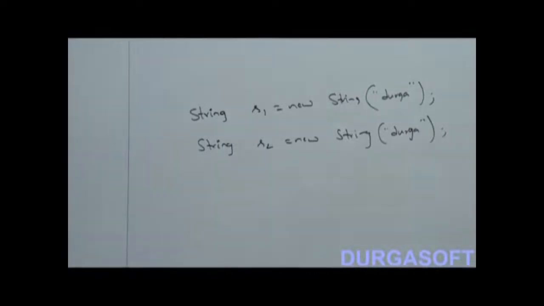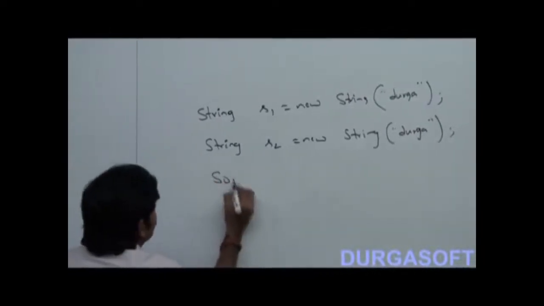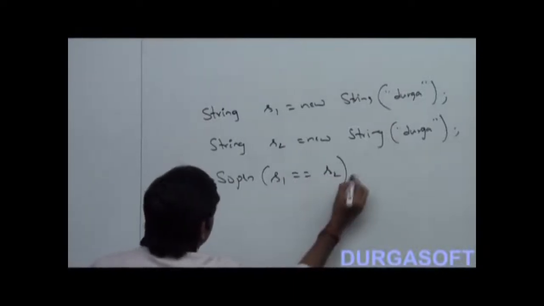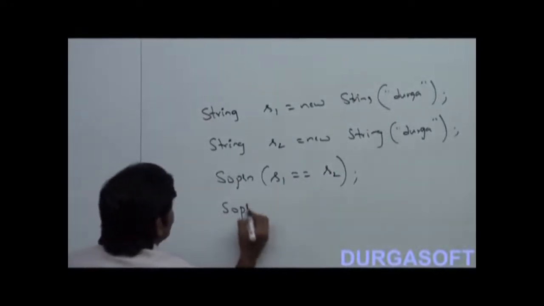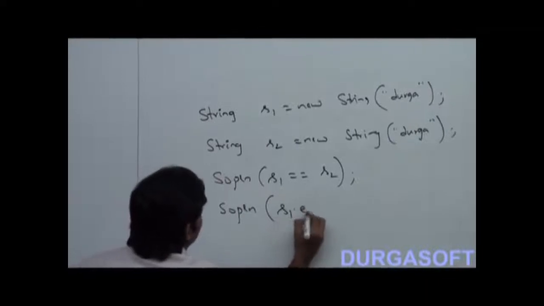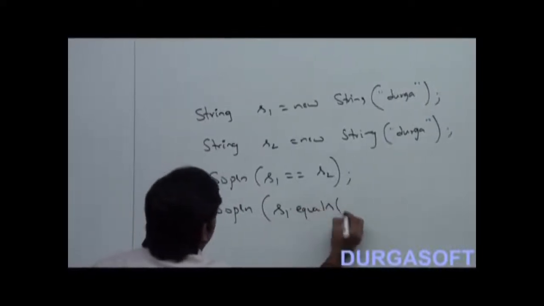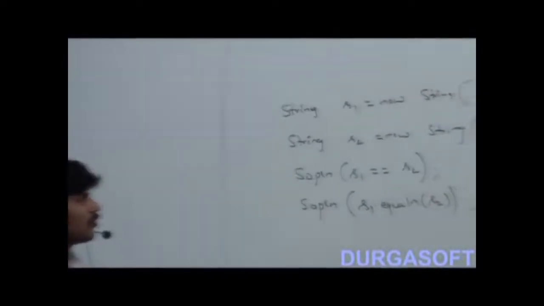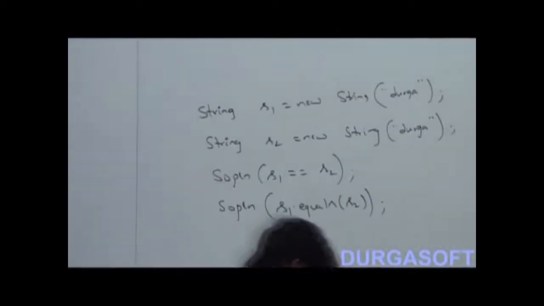String S2 is equal to new String of Durga. System.out.println S1 double equal to S2. System.out.println S1 dot equals of S2.